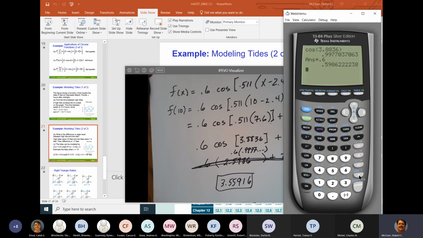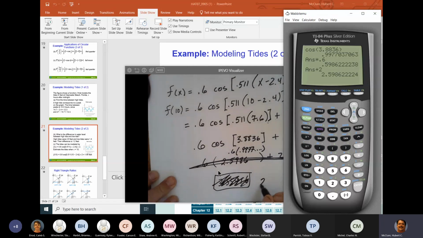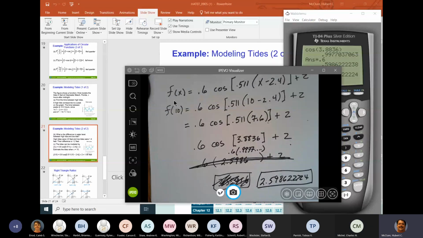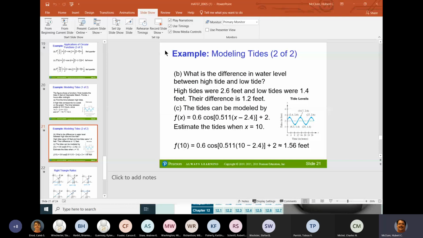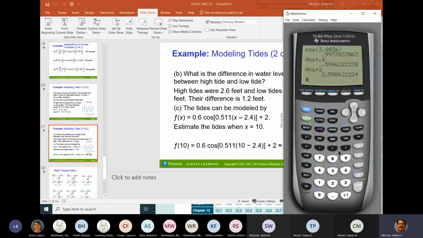Is that what y'all got? 2.598622224. Did y'all get that? 2.6? Yes, sir. Okay, they got 1.56. Oh, my calculator is not in radian mode. That's why it's different.